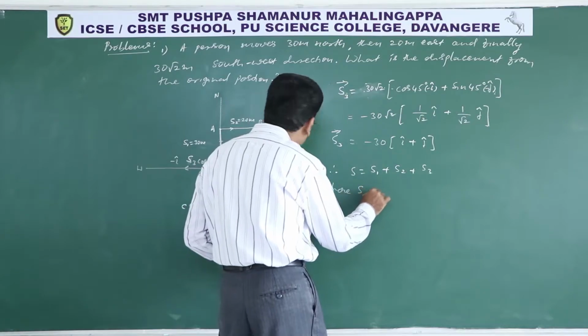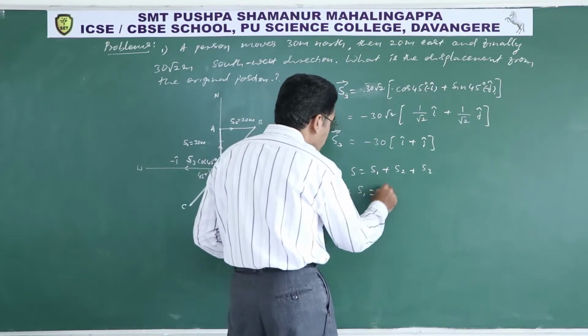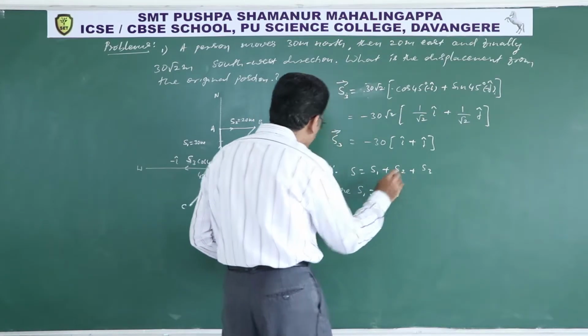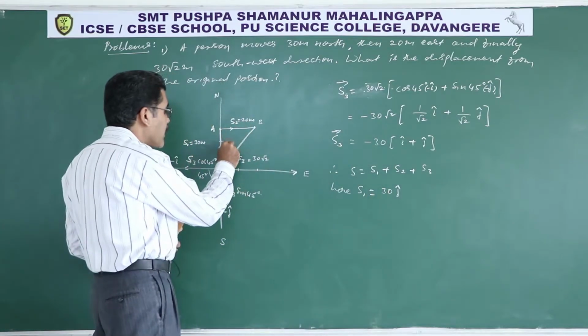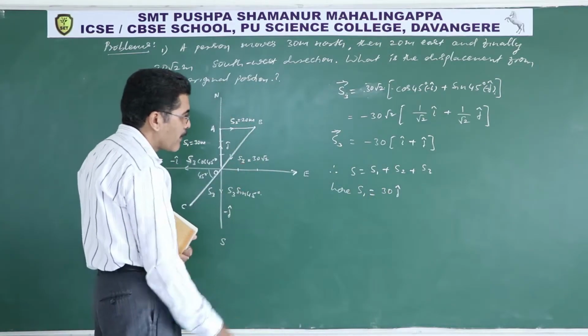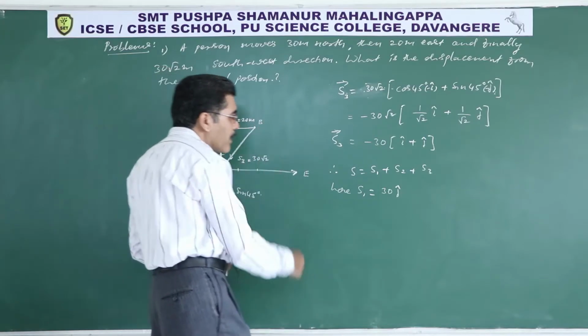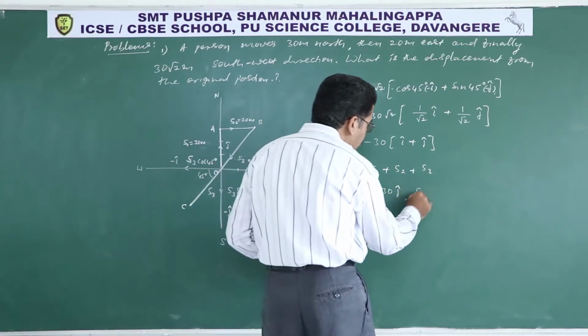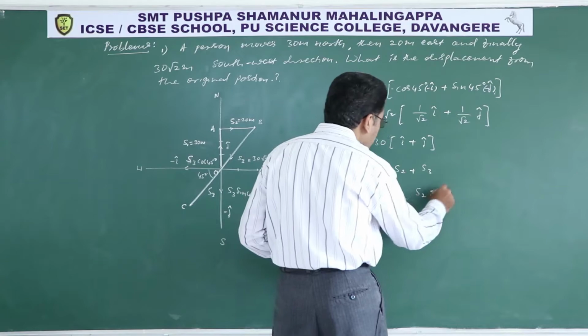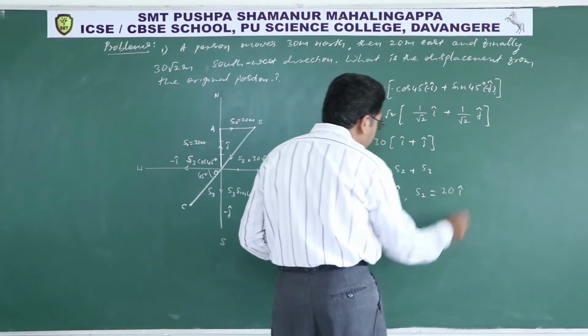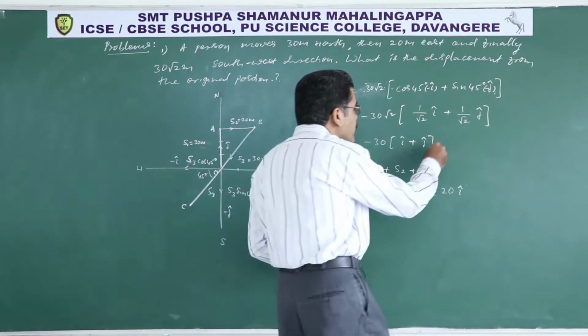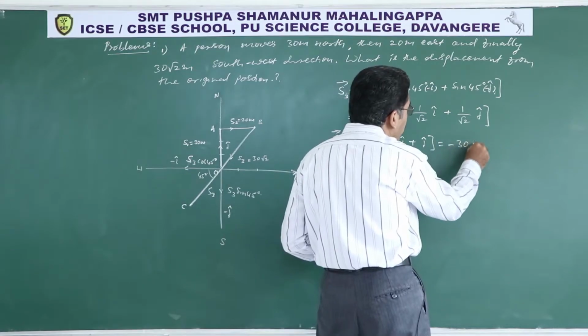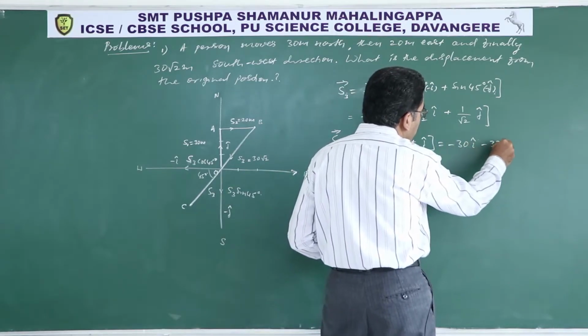Here S1 is 30 into j cap, because j cap is the vertical direction. S2 is 20 into i cap. S3 is minus 30 into i cap, minus 30 into j cap.